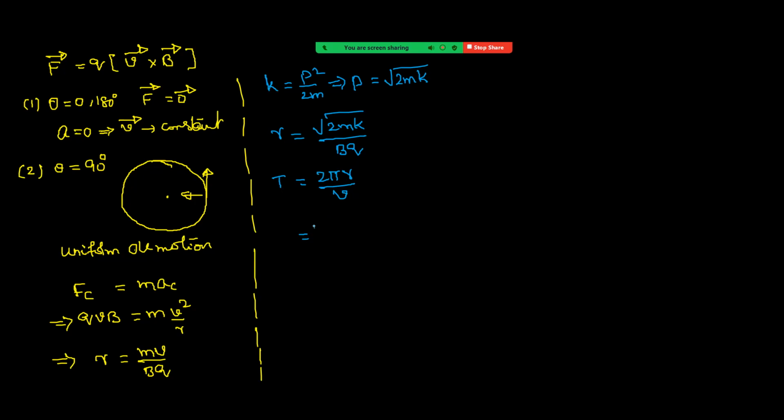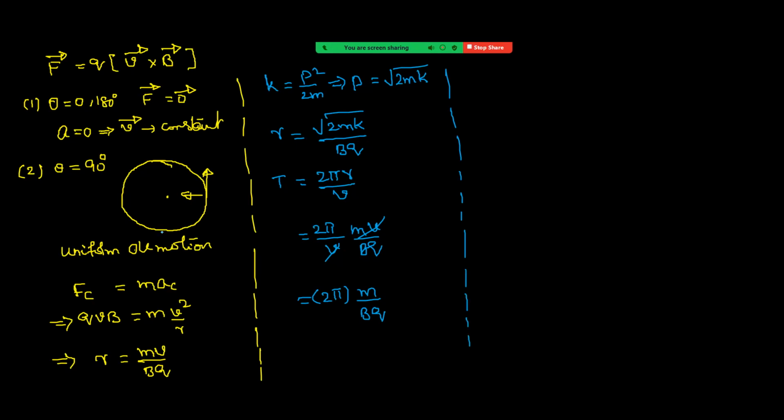Then see what we get. 2 pi by v into mv by bq. So v gets cancelled. It is now 2 pi into m by bq. Okay. So time taken to complete one revolution is known as time period of revolution, right?